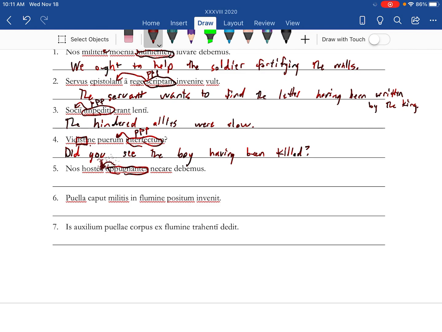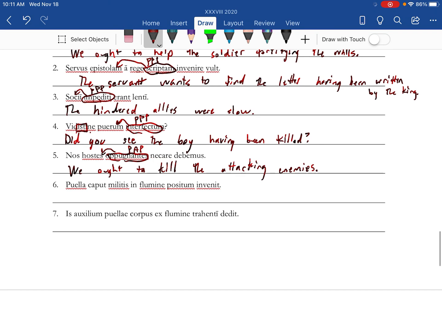Present active participle. We ought to kill the attacking enemies. Our participle is here, going all the way back there. It's a perfect passive participle.